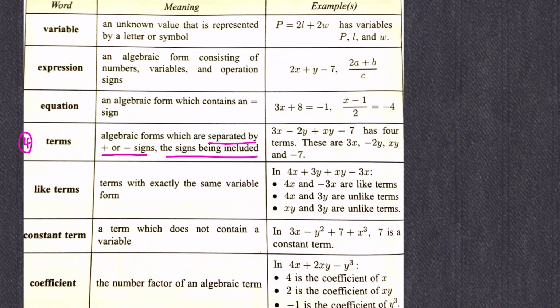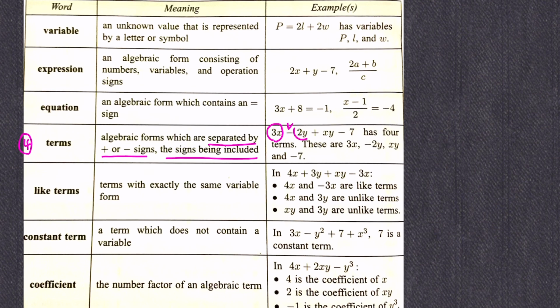We need to go ahead and find the plus or minus signs, because for us to identify the terms, we know that the terms are going to be separated by the plus or the minus signs. We see the first term separated by a minus. We see the second term separated by a plus, and we see the third term separated by a minus, and we see the fourth term. So it tells us that in this expression there are 4 terms.